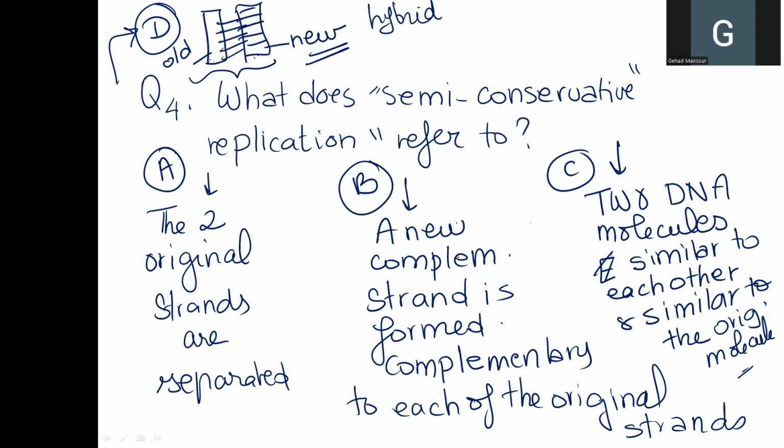Of course, a new complementary strand is formed complementary to each of the original strands, according to the base pairing rules that we know, the Watson and Crick base pairing rules. So this is about semi-conservative replication. And the next question, this is question 14, not question 4, question 14.